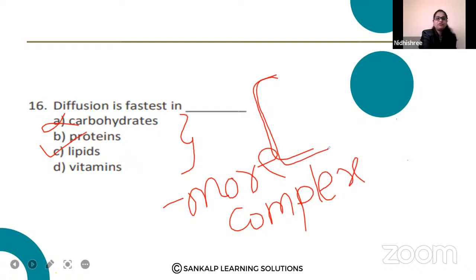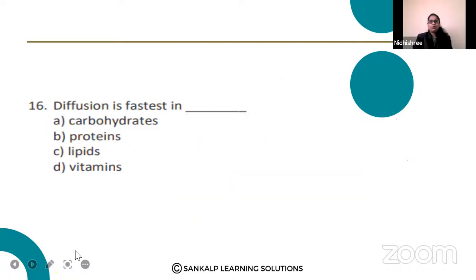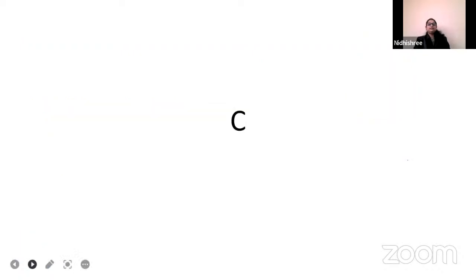That is why the diffusion of lipids will be quicker compared to carbohydrates, proteins, and vitamins. So only two or three voted for option C, that is lipids. So lipids is the right answer. Okay, option C. Fine. After the explanation, most of them voted for option C. Good.